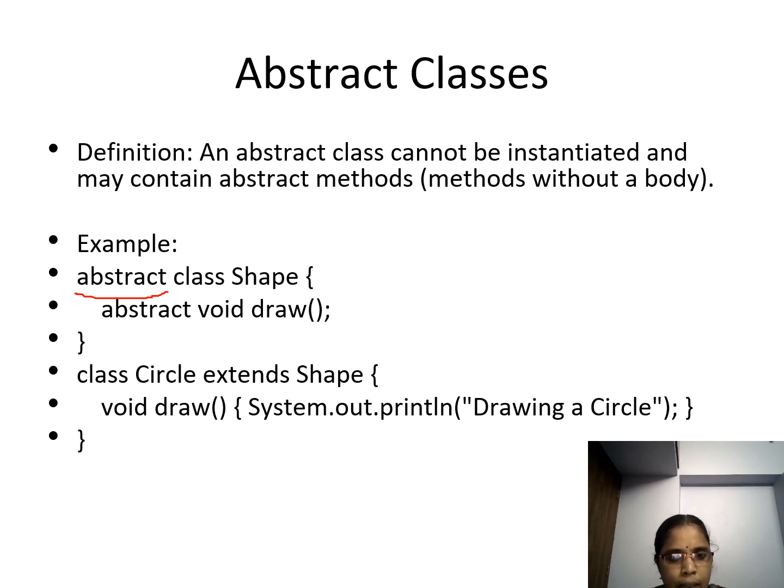So the abstract class name here is Shape, and this abstract class contains a method called abstract void draw, where void is the return type of the draw method. And here we are having the extends statement: the class Circle extends the superclass Shape, which is the abstract class.